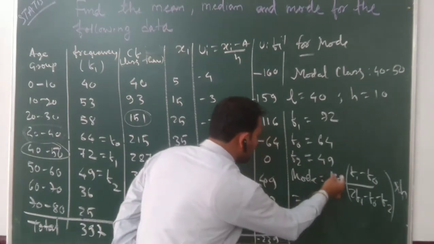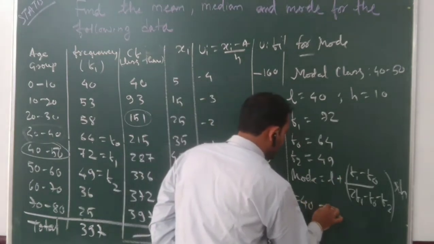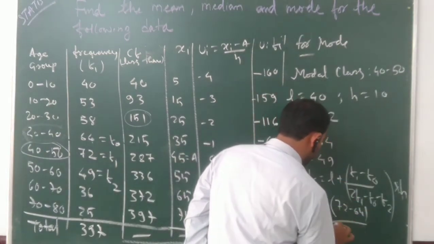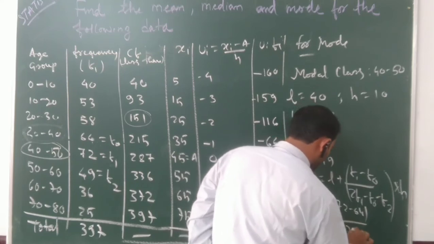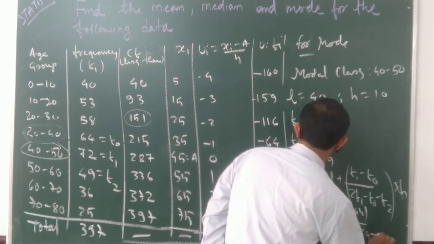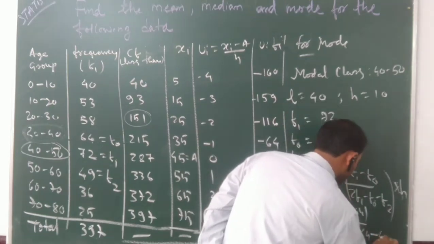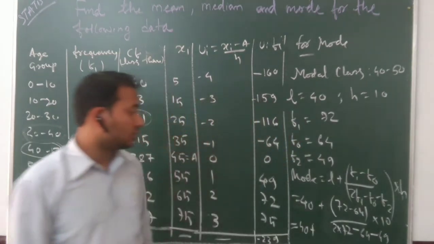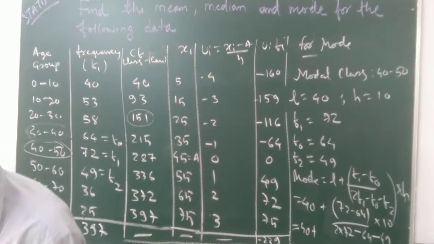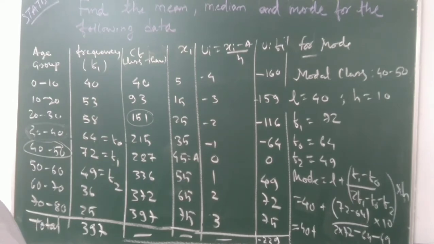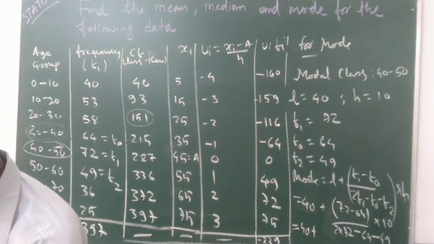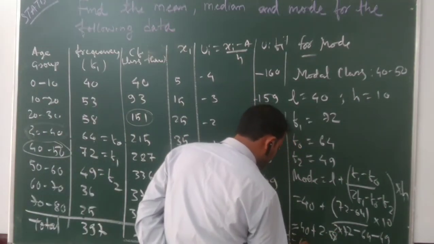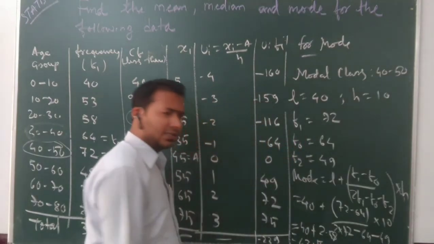Substituting the values, L is 40: 40 plus (72 minus 64) by (2 into 72 minus 64 minus 49), into 10. After solving, approximately we get 40 plus 2.80 by 31... and then 2.58, and then 42.58. Remember, this is not the exact answer.